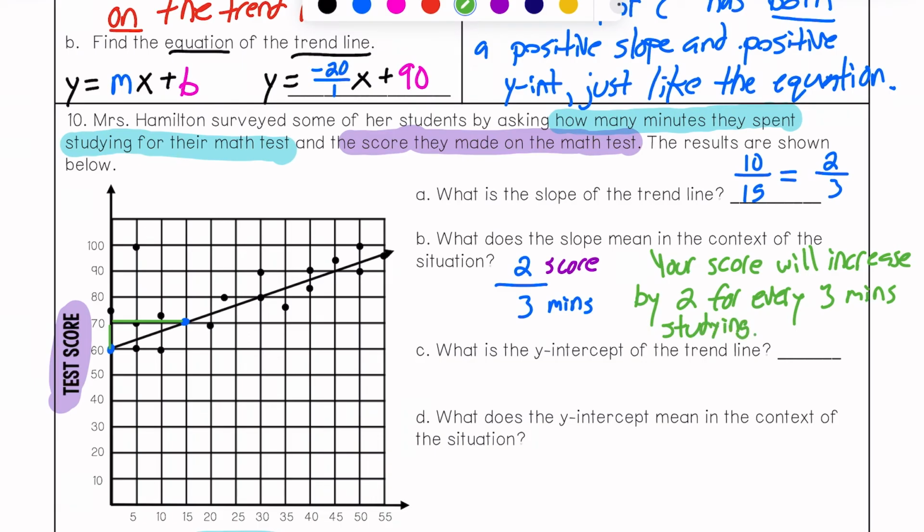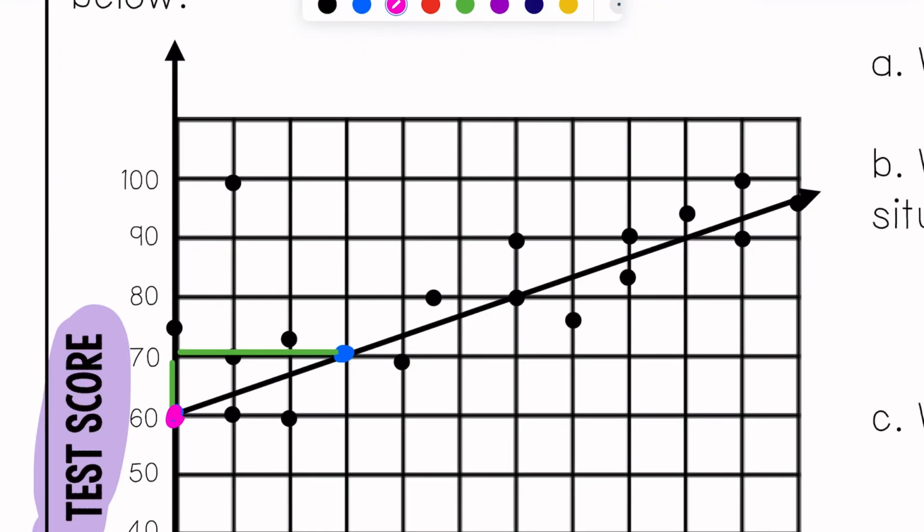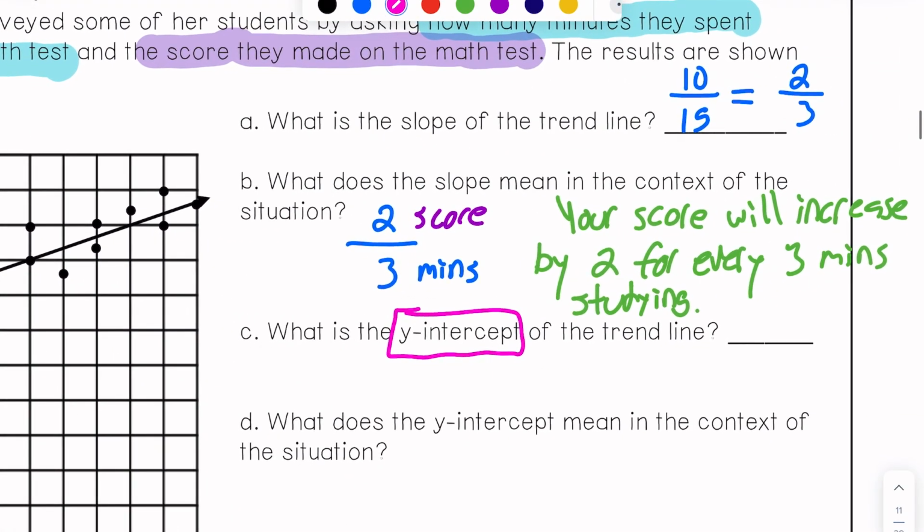Continuing along for part C, what is the y-intercept of the trend line? So we are looking where that line crosses the y-axis. That's that pink dot right there, and that is at 0, 60.